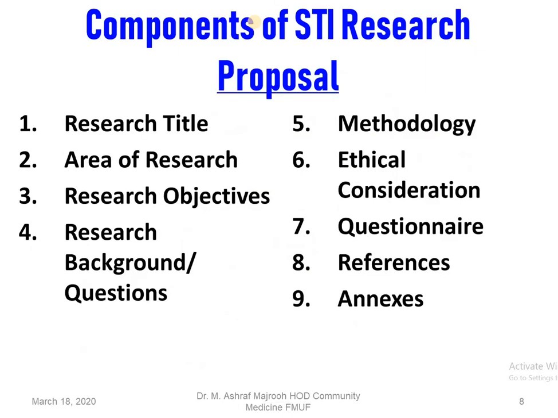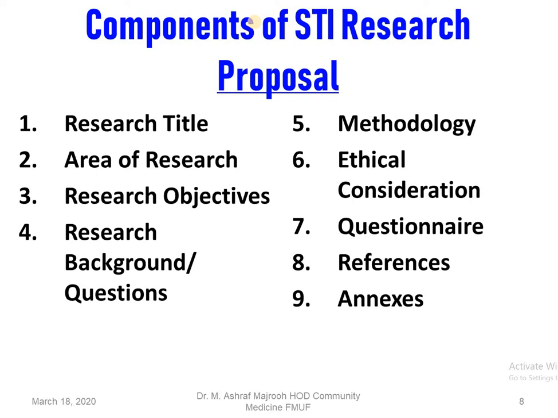The typical components of a research proposal are the research title, area of the research, then research objectives, research background and question, then methodology.